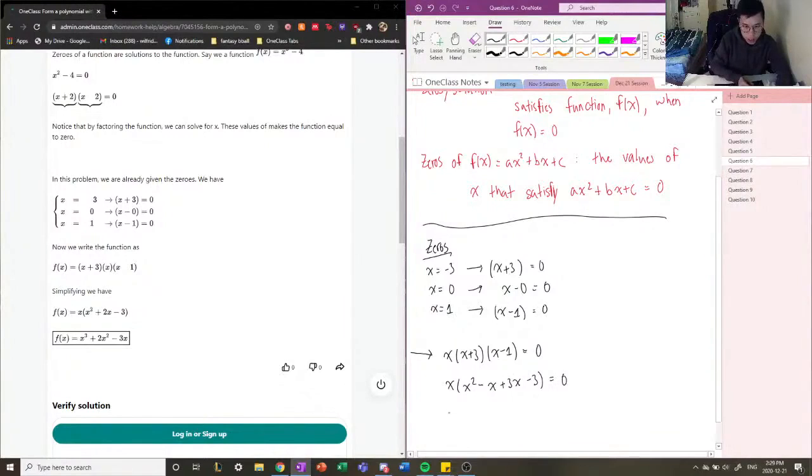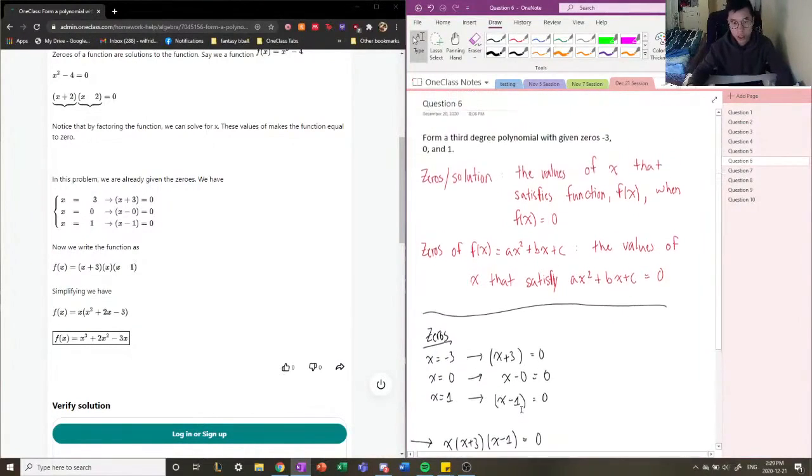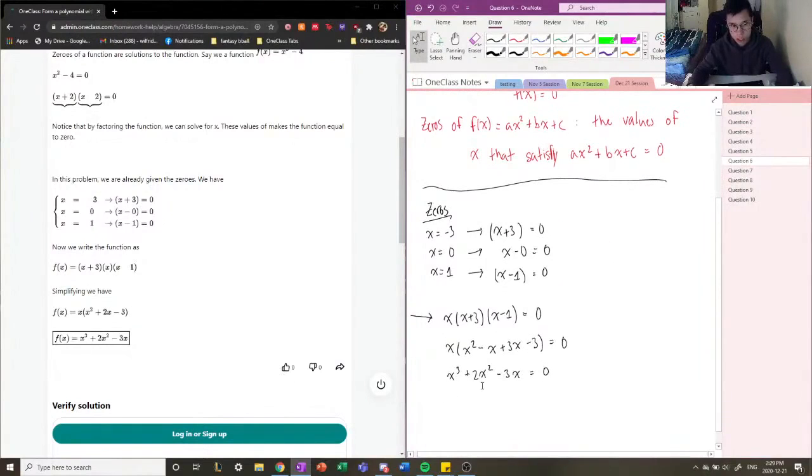And if we multiply by the outside x, then we get x cubed plus 2x squared minus 3x equal to 0. So now that we have our third degree polynomial, we can see here that it is indeed third degree. If you have x to the power 4, then you have your wrong answer, obviously.